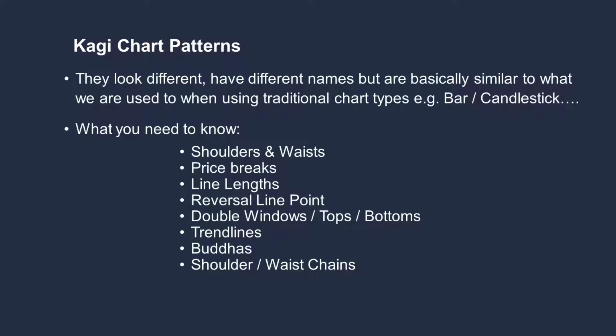In this section we're going to look at shoulders and waists, price breaks, line lengths, reversal line points, double windows, tops, bottoms, trend lines, Buddhas and shoulder or waist chains. So a lot to cover off, but like I say, very useful for you to know and learn.